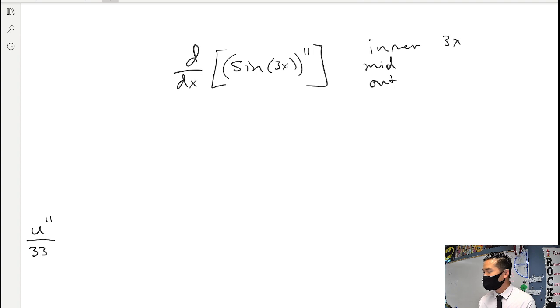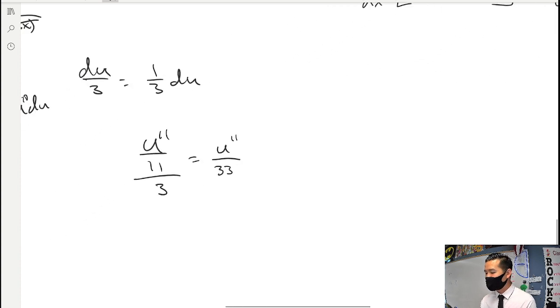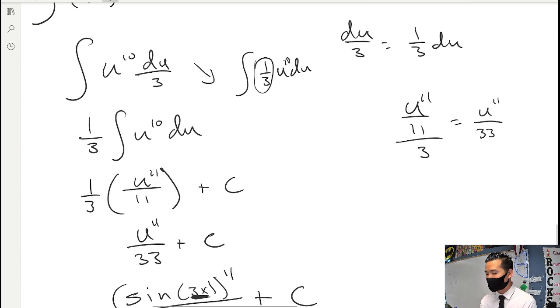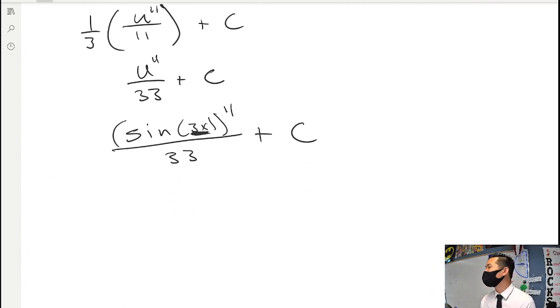Inner is 3x, middle is sine of some stuff, outer is some stuff to the 11th power. When you take the derivative of some stuff to the 11th power, you get 11 times stuff to the 10th power. That 11 is the 11 I was trying to show down here. That cancels out with the 33.